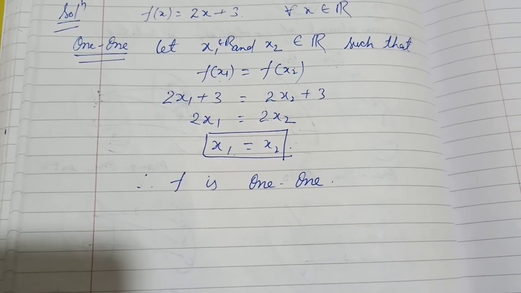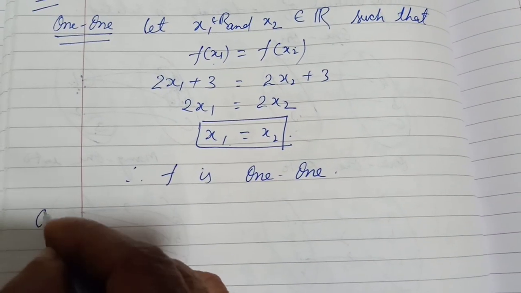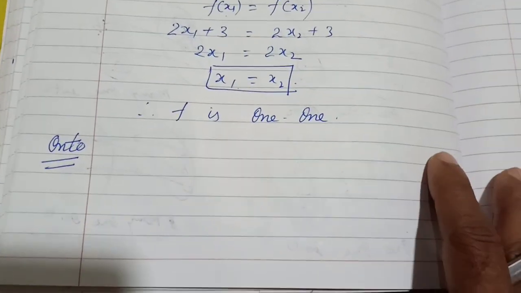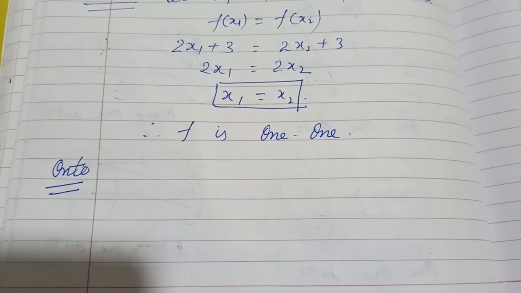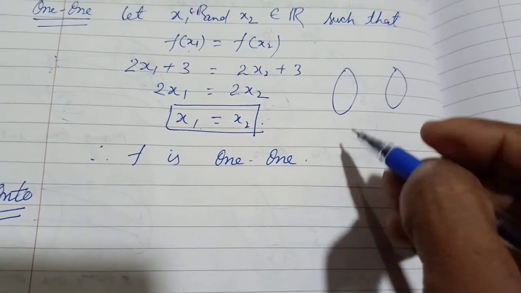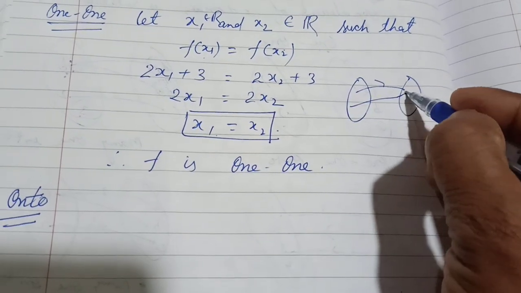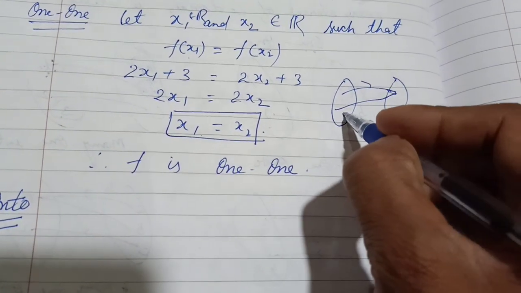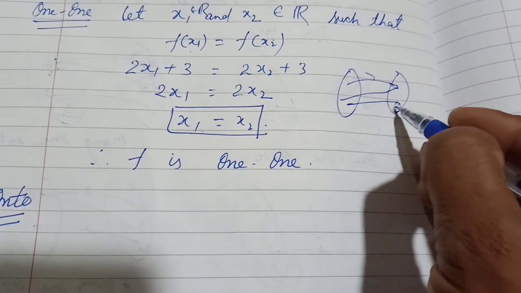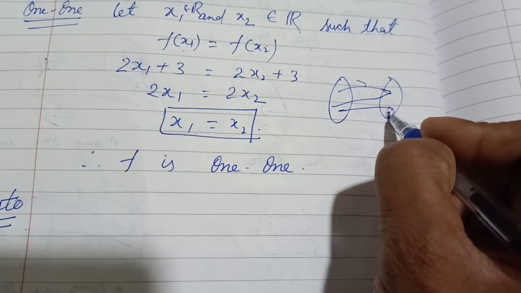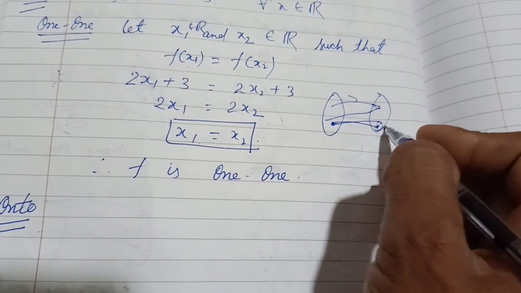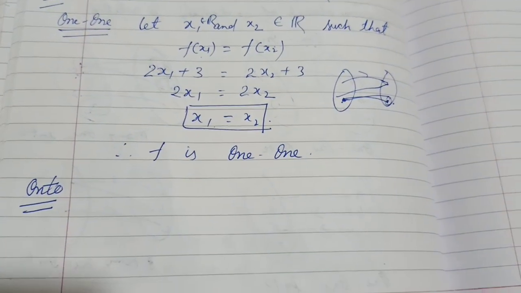Okay, now see how to prove onto function. What is onto? Onto means every element of the codomain has a preimage in the domain. If we take any element of the codomain, and the domain element from which it comes also exists, then it is called an onto function.